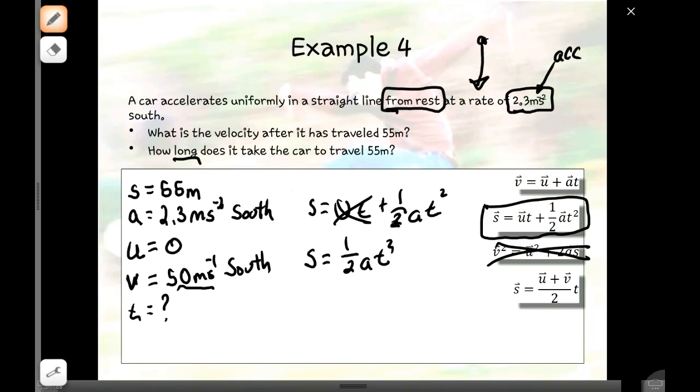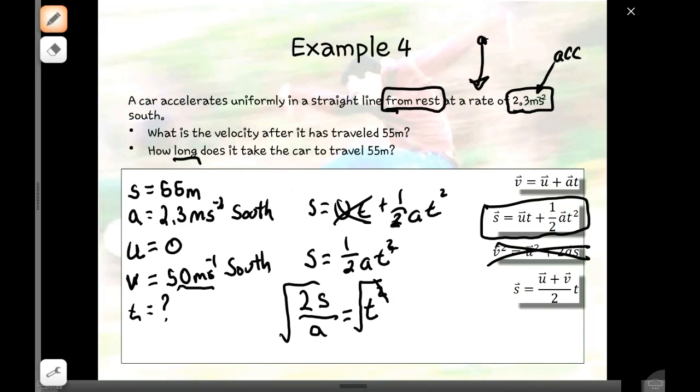And now I want to rearrange for my time. To get this half over to the other side, I'm going to multiply both sides by 2, so that's 2s. And then to get my acceleration over, I'm going to divide by a. And that's going to give me t squared. Let's go ahead and square root both sides. And it eliminates that square for me.